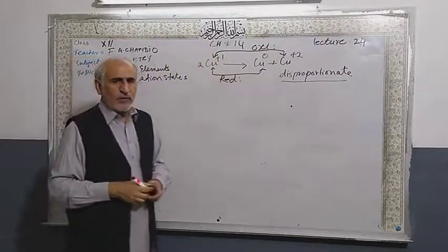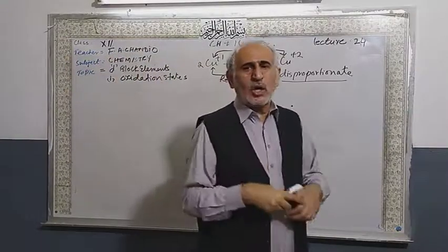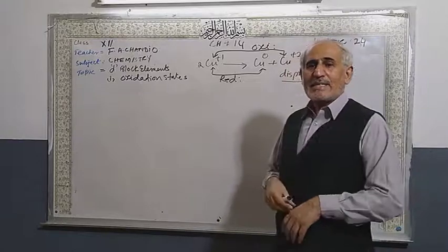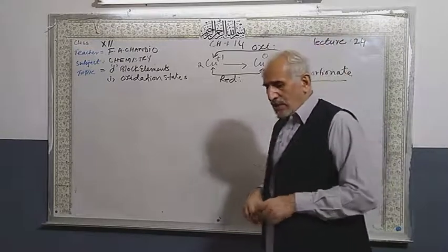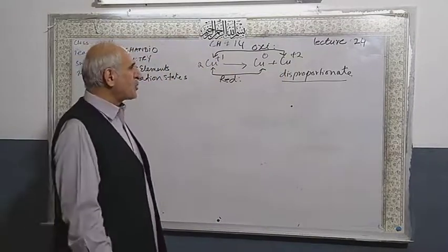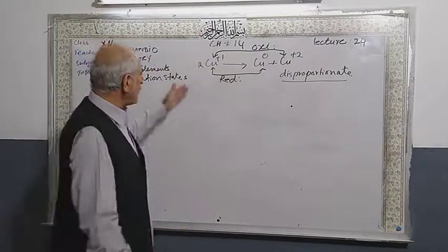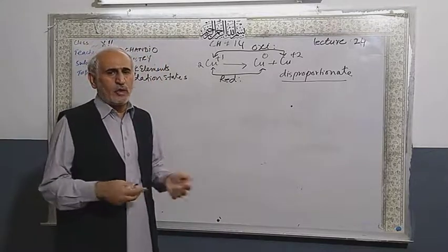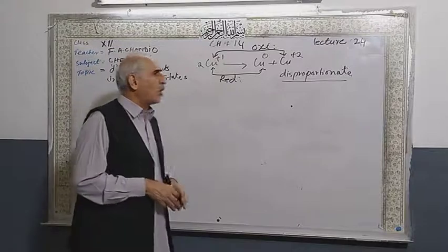So students, if one atom, ion or substance simultaneously oxidizes and reduces, it is called disproportionation. These reactions are called disproportionation reactions, and you will also meet them in organic chemistry.